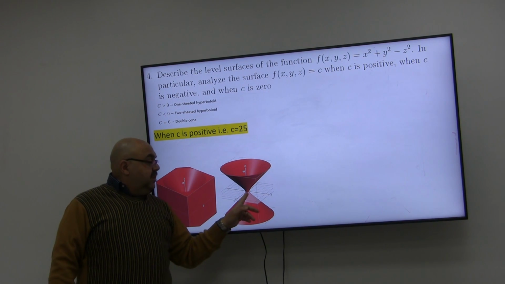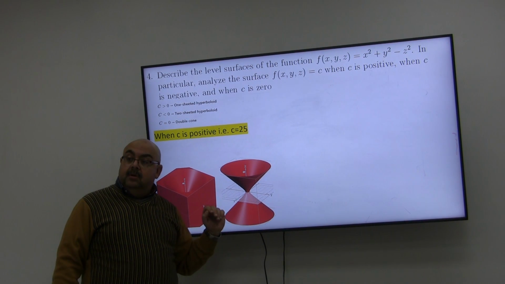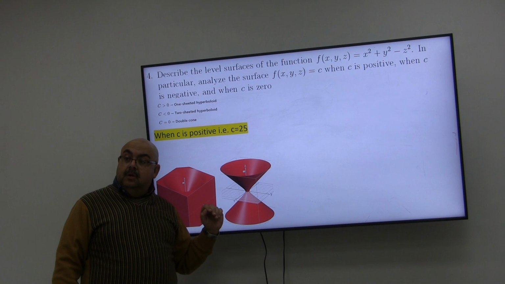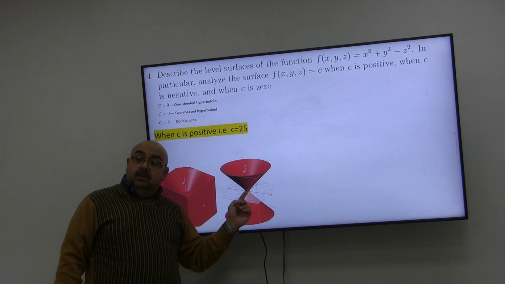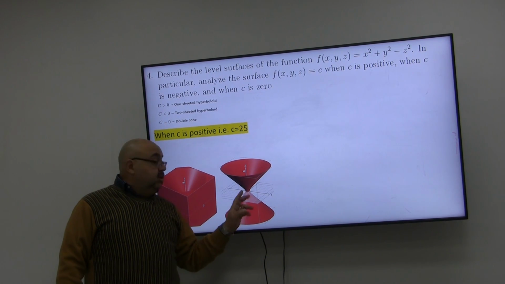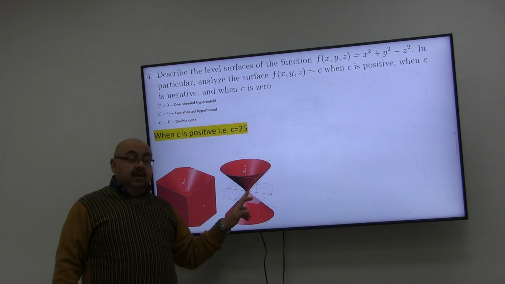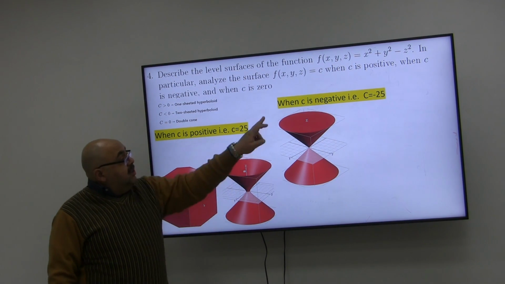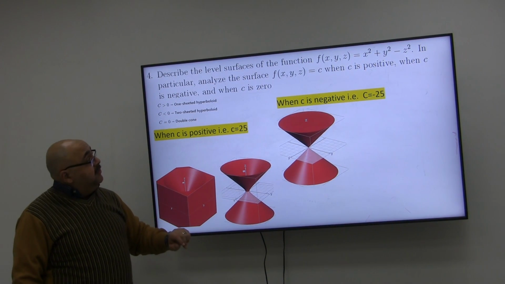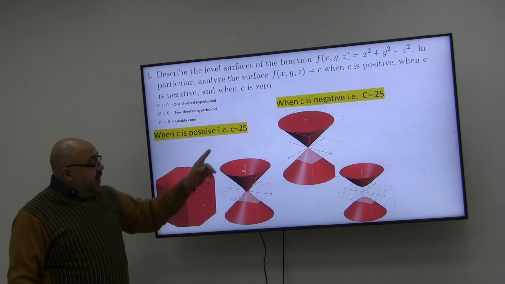Fatin, what's the difference between this and the cone? This part is not a point. The cone, you don't have a circle like here. I hope I have another image for this one. This is if c equals minus 25. Once you substitute, you will have this.